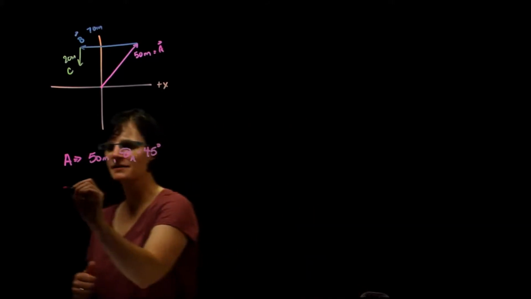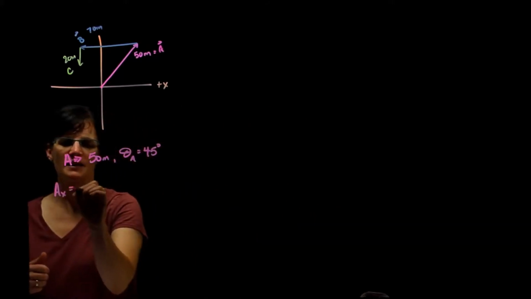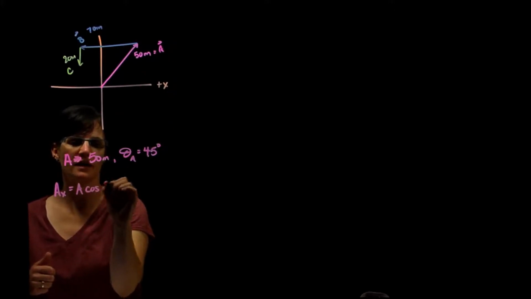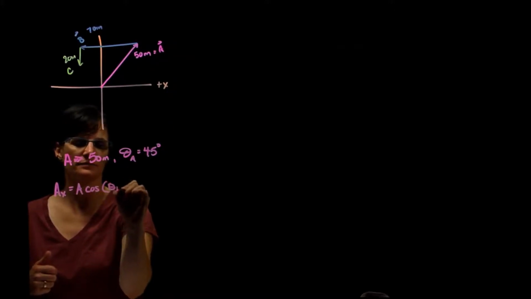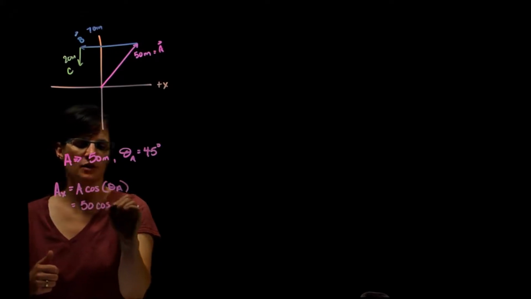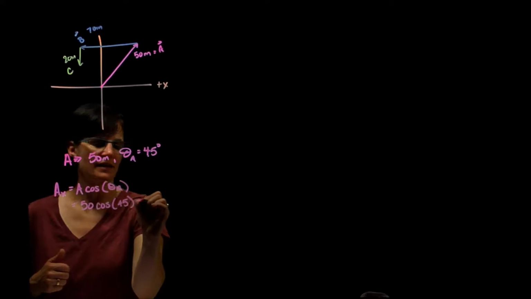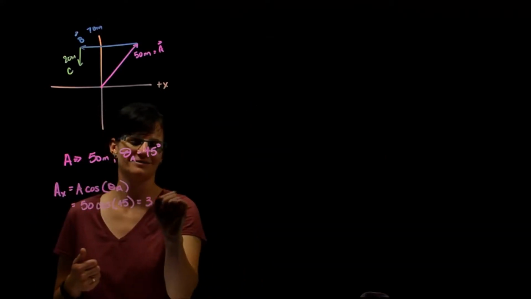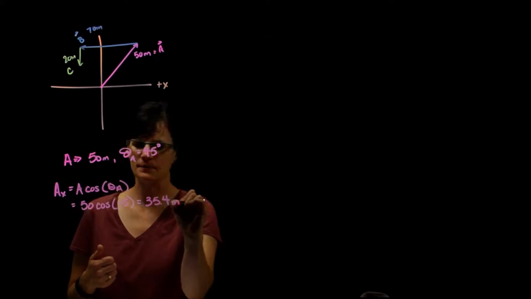So the x component is our hypotenuse, our magnitude, times the cosine of the angle. So we have 50 times the cosine of 45, and that gives us 35.4 meters.